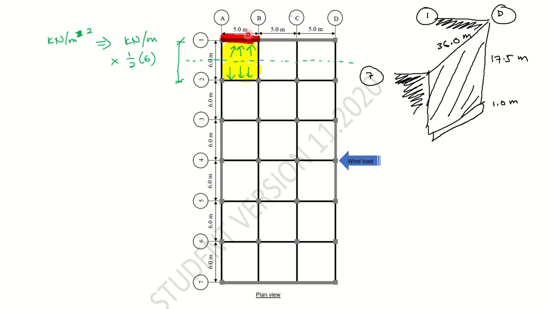The L is 5 plus 5 plus 5. This is the B; just now I said 36 meters, but we are not going to take B as 36 meters. We are going to take per meter width, so B equals 1 meter, and L is 5 plus 5 plus 5, which is 15.